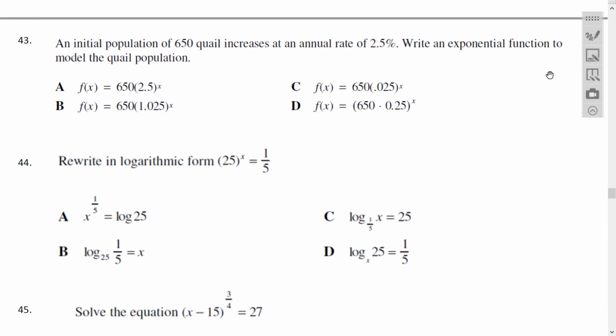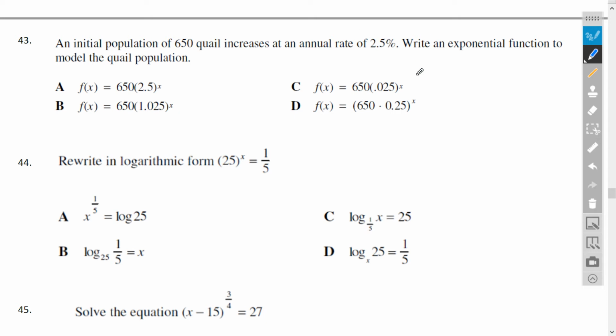Number 43, an initial population of 650 quail increases at a rate of 2.5%. Write an exponential function to model the quail population. Okay, so this is exponential growth, so y is equal to a times 1 plus the rate to the x power. In this case, the rate is 2.5%, but you have to change that to a decimal, so it's 0.025.